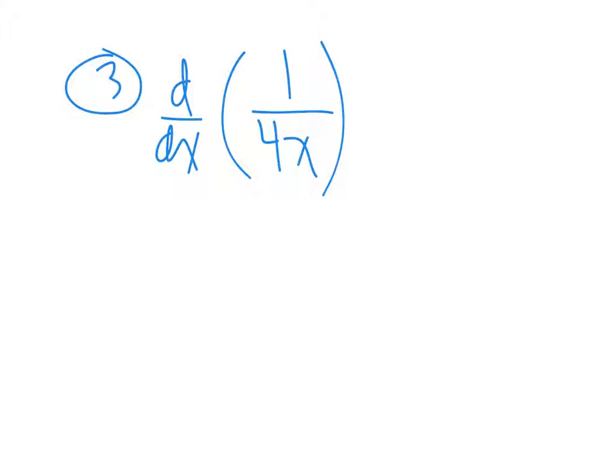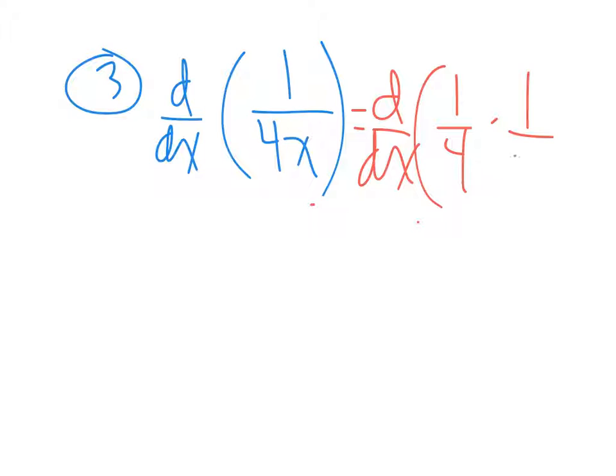Just one second. I want to go back for a second. Here we go. Let's do this one. I almost did things out of order there. Here's where that constant multiple rule is actually pretty important. I know that I can rewrite this as d by dx of 1/4 of 1 over x. Multiplying that out, 1 over 4x is the same thing as 1/4 of 1 over x.